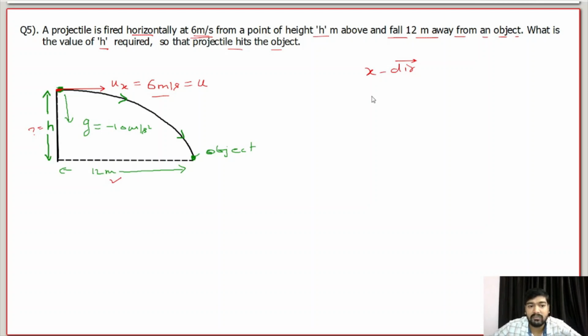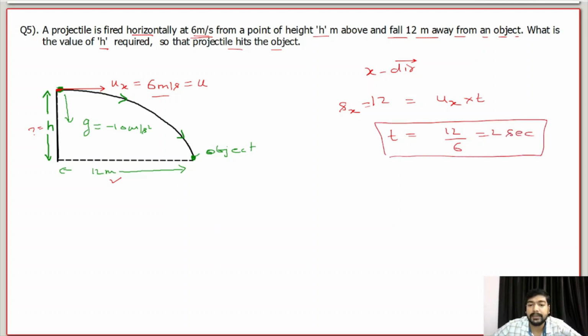So the displacement in x direction is 12 meter. It should equal ux into time of flight. So 12 upon ux, which is 6, comes out to be easily 2 seconds. The time of flight we have calculated is 2 seconds.